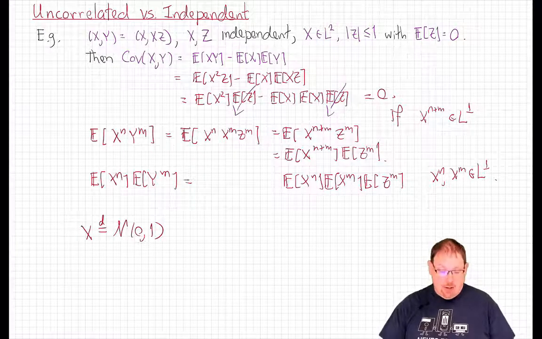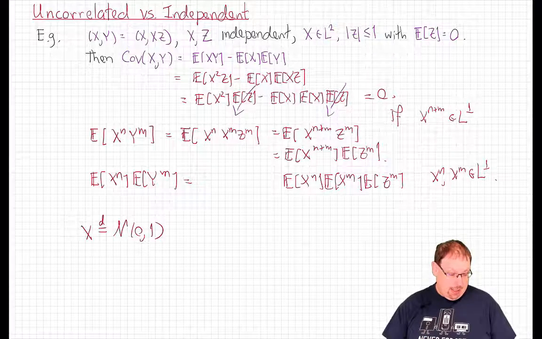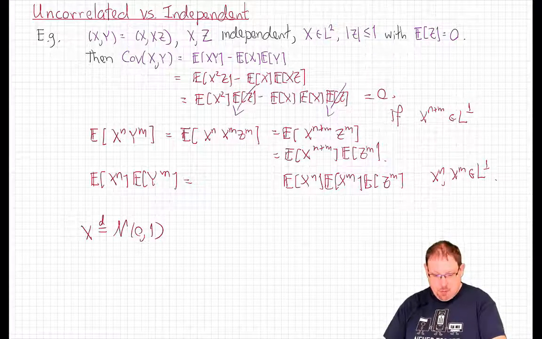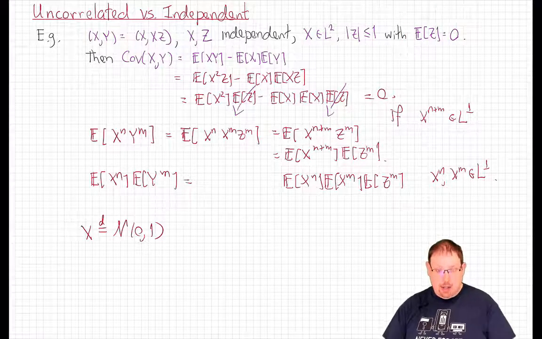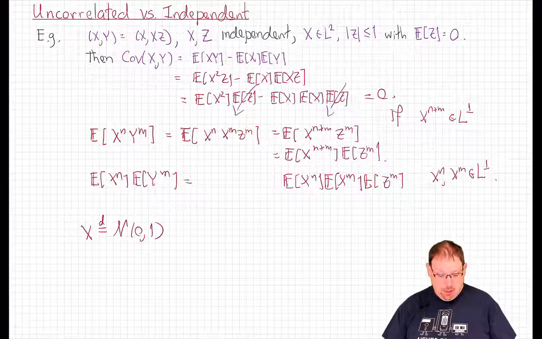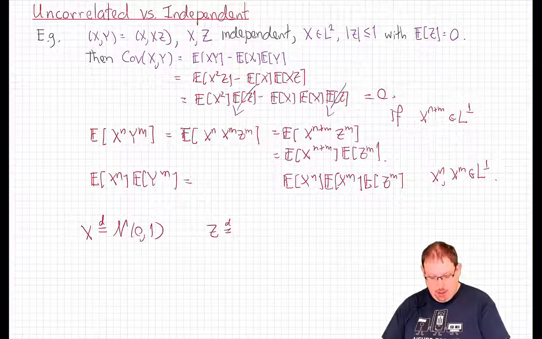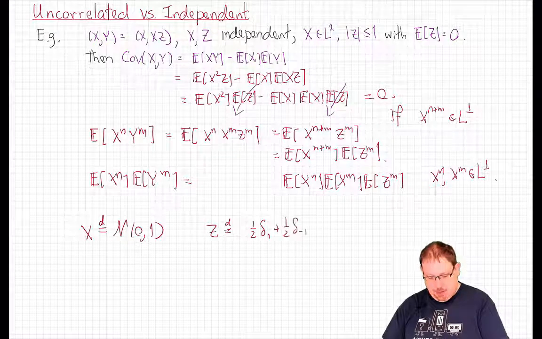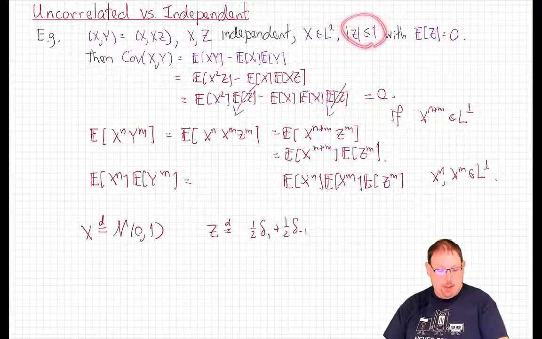Standard normal random variables have finite moments of all orders, as we've previously calculated. And as for z, well, we have lots of choices, but we could, for example, take z to be a Rademacher random variable, which is a symmetric version of a Bernoulli. That is, its law could be 1/2 a point mass at 1 plus 1/2 a point mass at -1. Then it does have expectation 0, and it is bounded by 1.